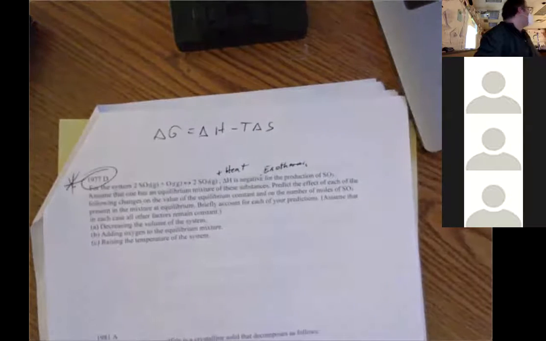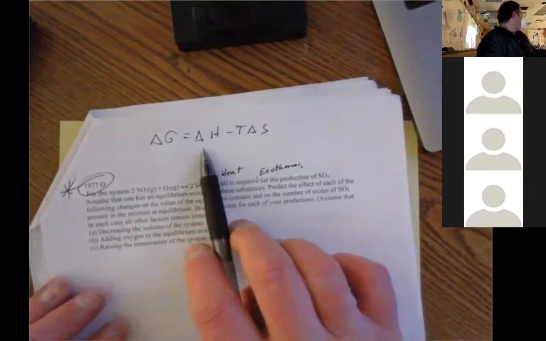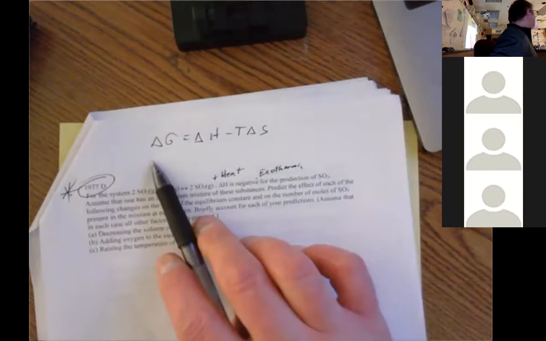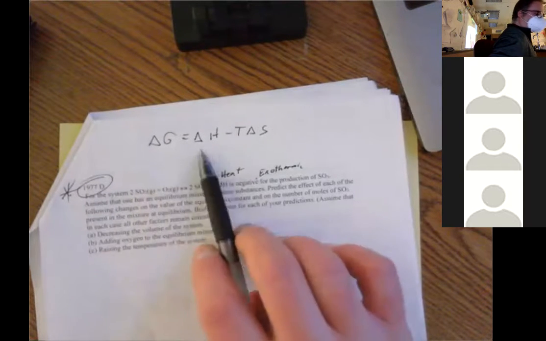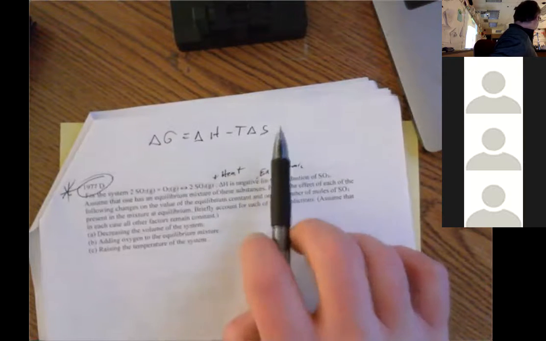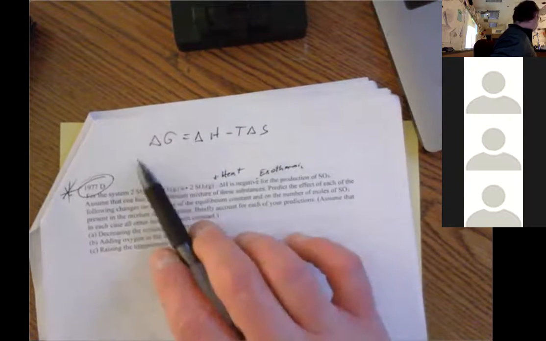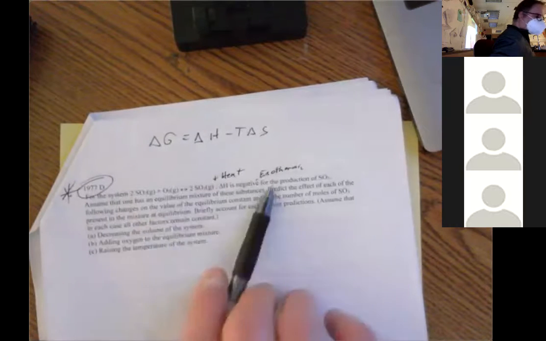Is that favorable for a reaction? If delta H is negative, is there a better possibility for delta G to be negative? Yeah, right? Because if we have a negative minus something, unless this is a negative, then that has a better chance for delta G to be negative. So that favors that forward reaction.